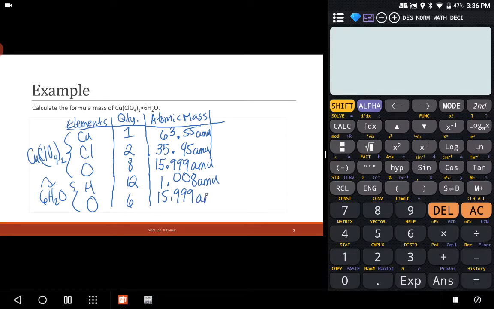Then I can multiply these two columns to get a subtotal, and then add all the subtotals to get my overall formula mass. I'm going to work this out on my calculator.